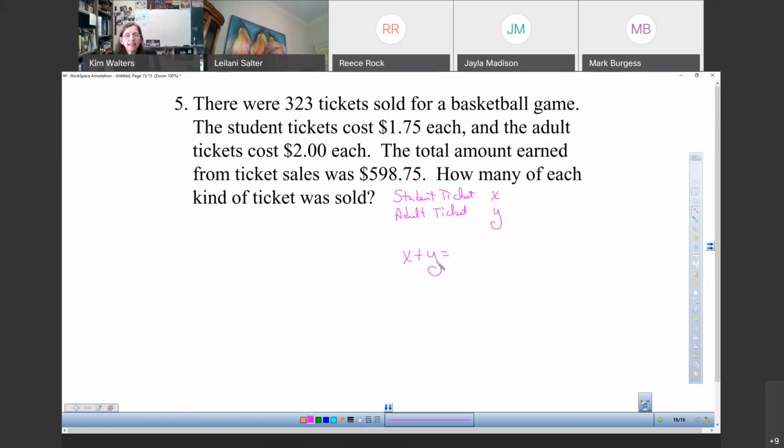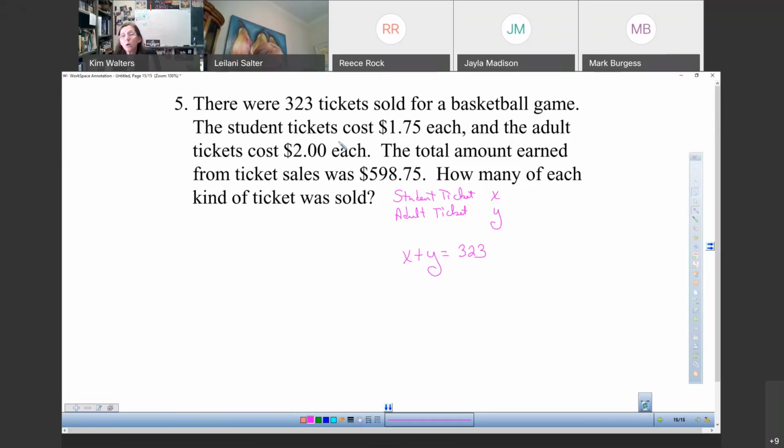Think about the fact that that's a money amount, and here I'm simply talking about the number of tickets. Okay. So I got several people who told me it's going to be 323. So this is one of these things where you're starting to pull out information. I'm talking about total number of tickets, so that's going to be my total number of tickets.